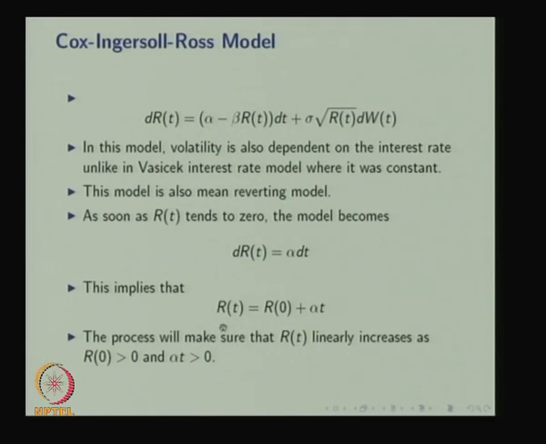This implies that if you solve this equation, you will get R of t equals R of 0 plus alpha t. That means this process will make sure that R of t linearly increases, as R of 0 is greater than 0 and alpha times t is greater than 0. So, this is the observation as R_t tends to 0.